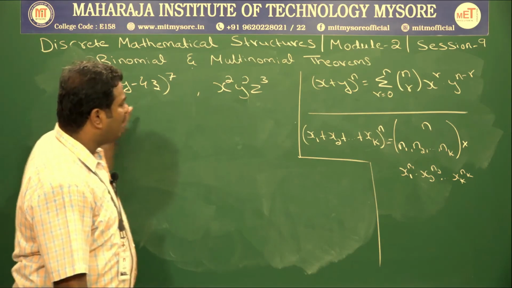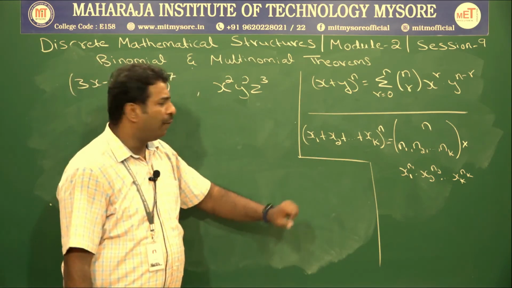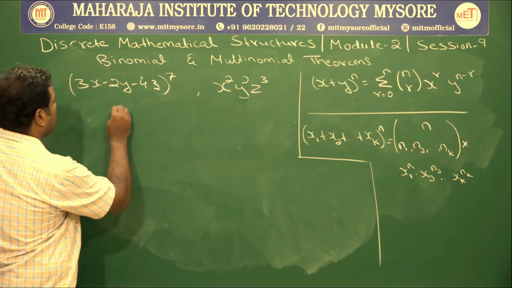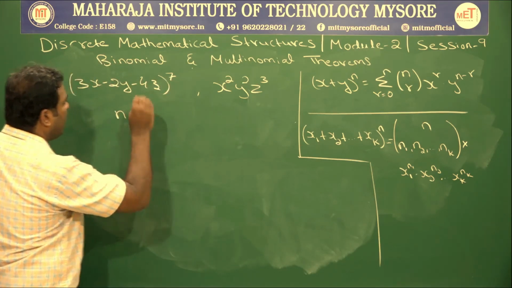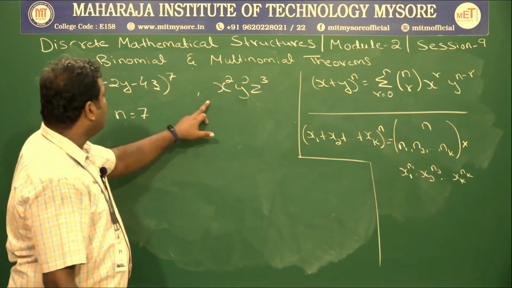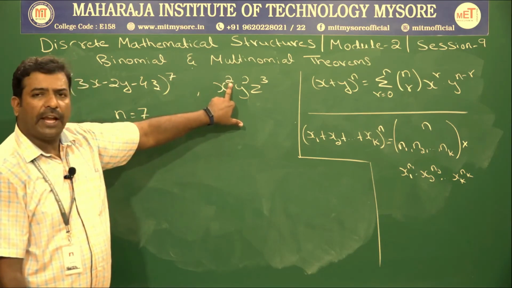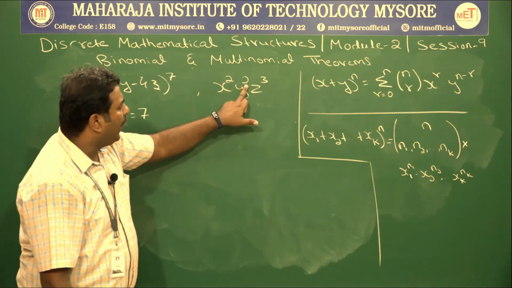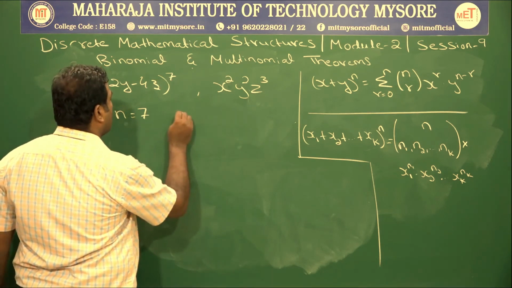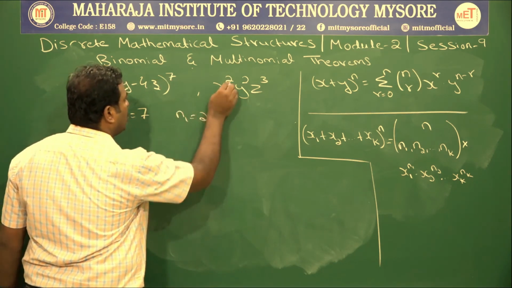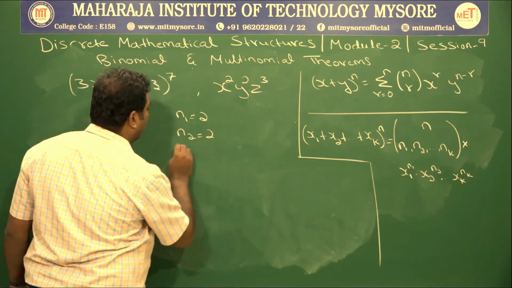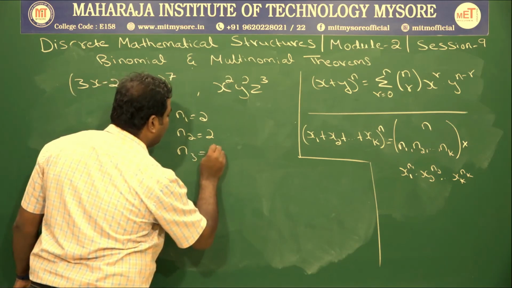If it's a multinomial, just use the multinomial form. I need the value of n, and n is going to be 7. What is n1? n1 is the power of x, n2 is the power of y, and n3 is the power of z. Hence n1 equals 2, n2 equals 2, and n3 equals 3.